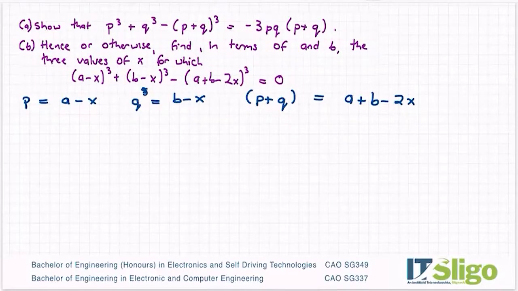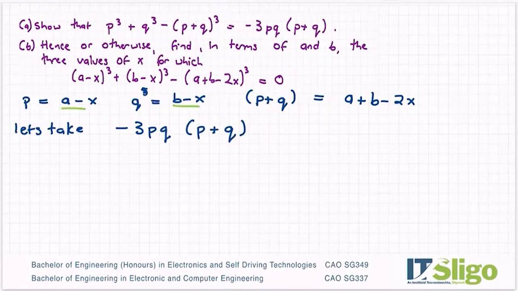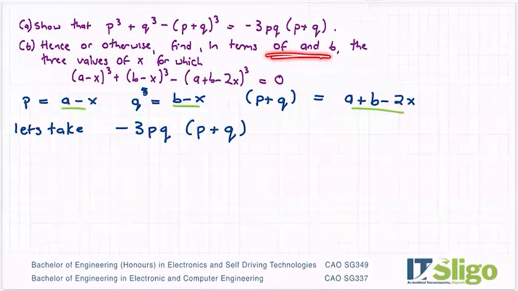Okay, so now I'm going to take this part, because I know that this equation can also be written as this one, and in fact this is the simplified version of it. So let's take minus 3PQ(P plus Q), and let's sub in our A's and our B's, okay? Because remember, we have to try and find values for A's and B's.